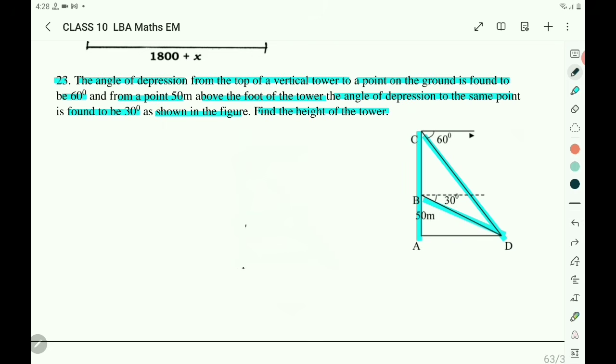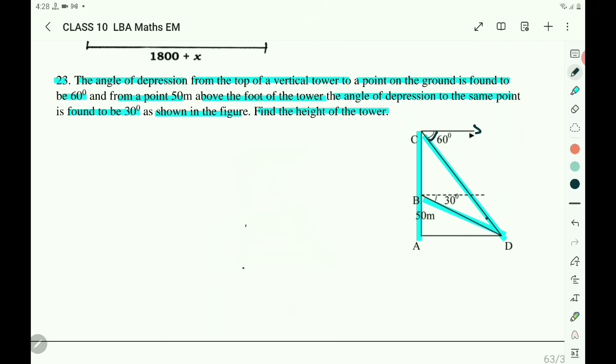Then the angle of depression. Here this is the horizontal level, and the line of sight is CD. The angle between the horizontal level and the line of sight is the angle of depression, that is how much? 60 degree.